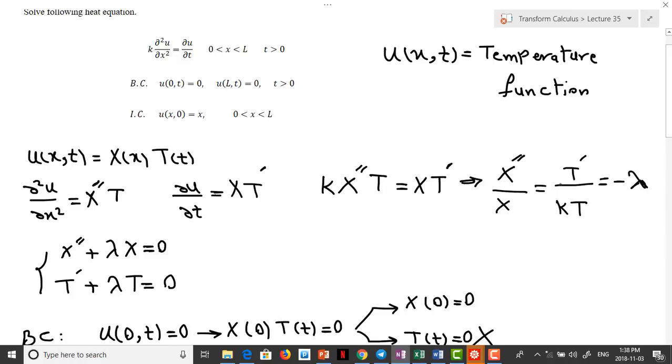When we have T prime over kT equal to minus lambda, here we have T prime plus k lambda T is equal to 0.